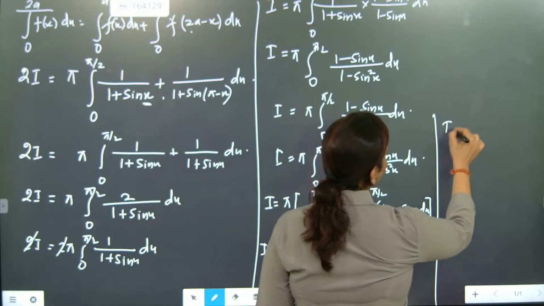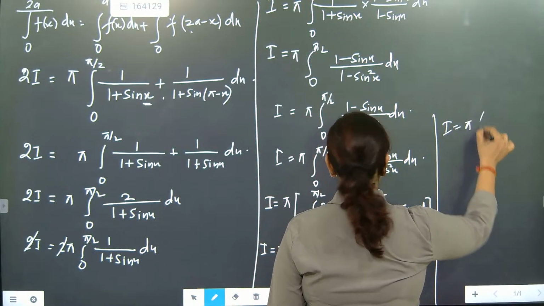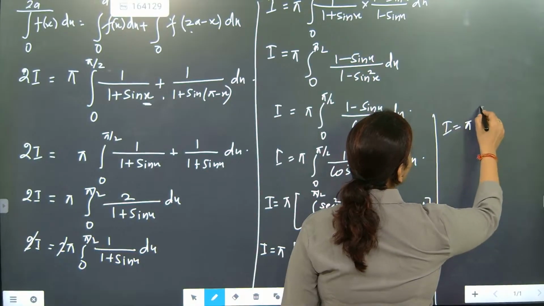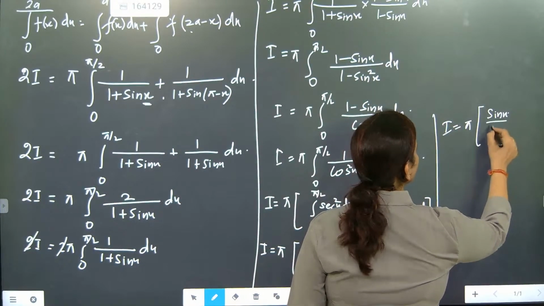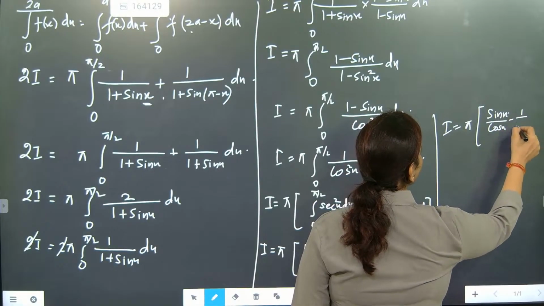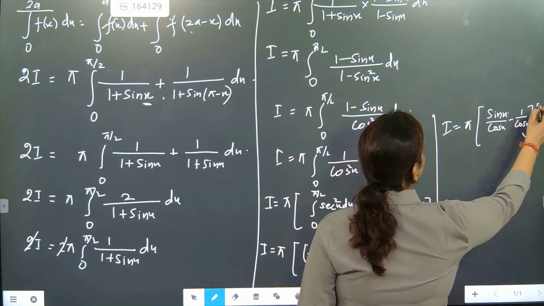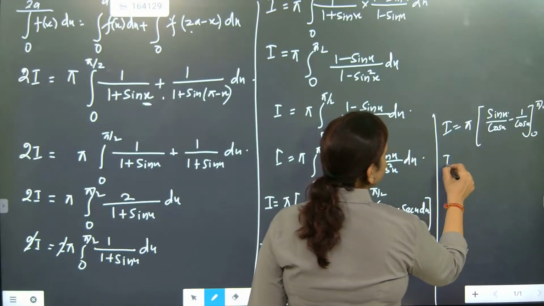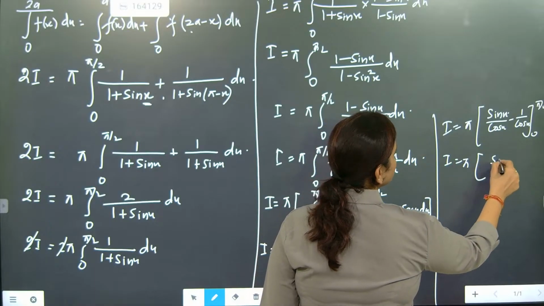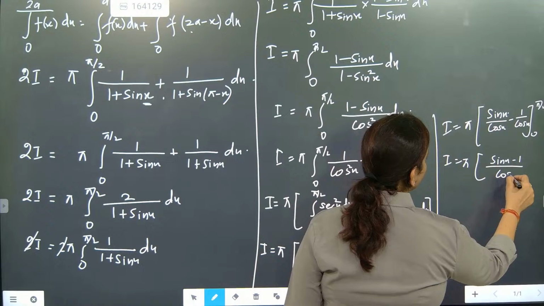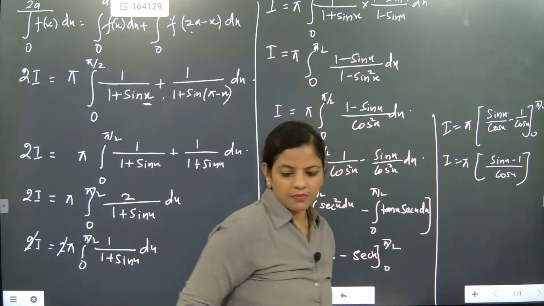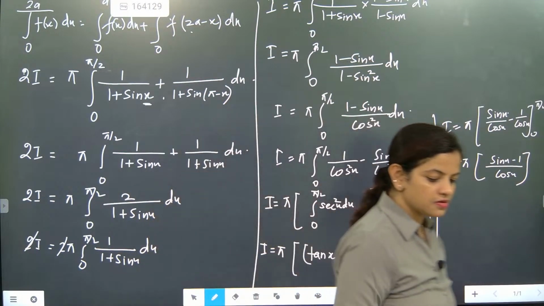First we will solve this. Now you understood. It is coming sin x by cos x, and 1 by cos x, pi by 2 to 0. I is equal to pi, sin x minus 1 by cos x, pi by 2, substitute, beta.